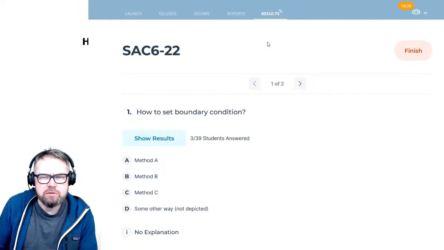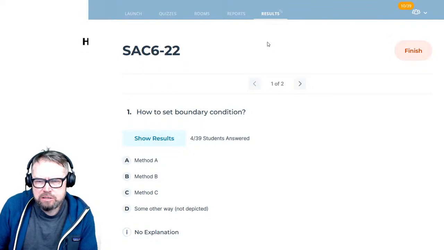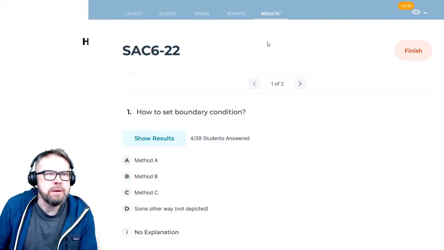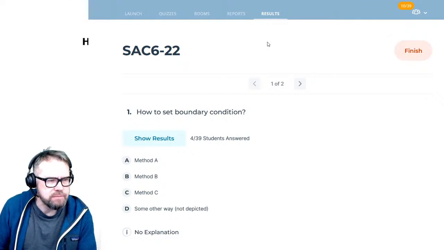So what's the boundary condition, what's the way to set the boundary condition such that I can describe a connection rod in a crankshaft mechanism? Four answers. So it's slowly picking up.